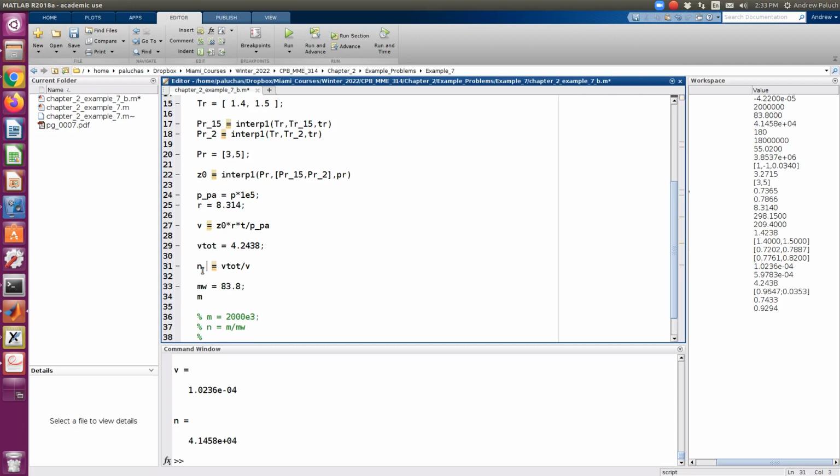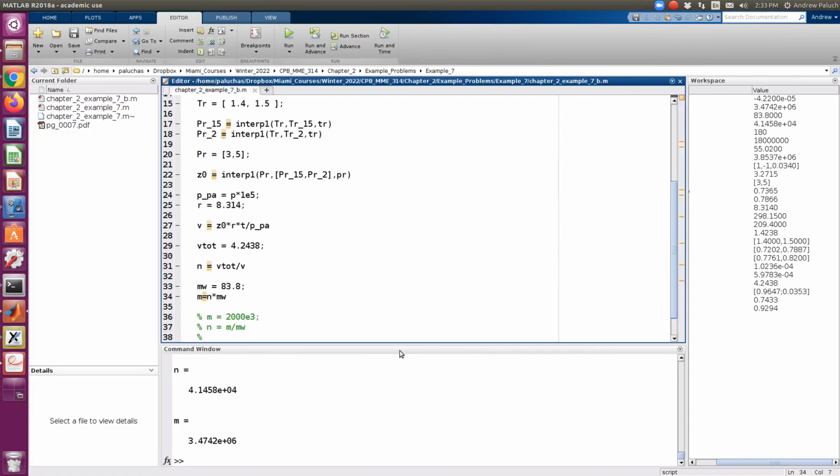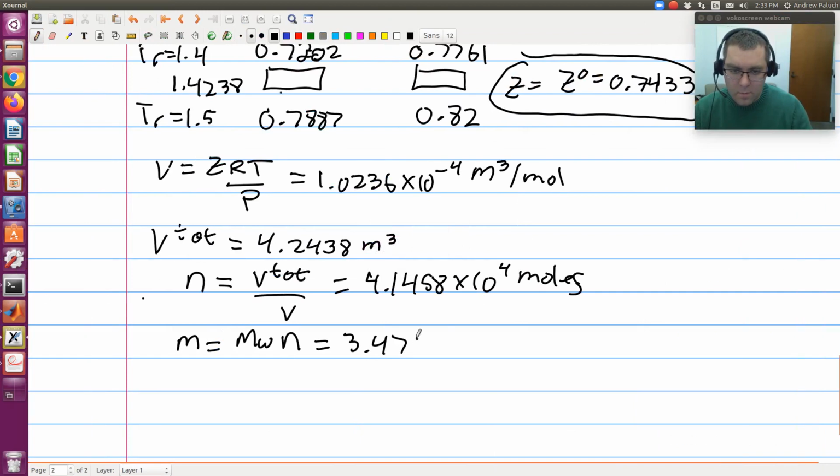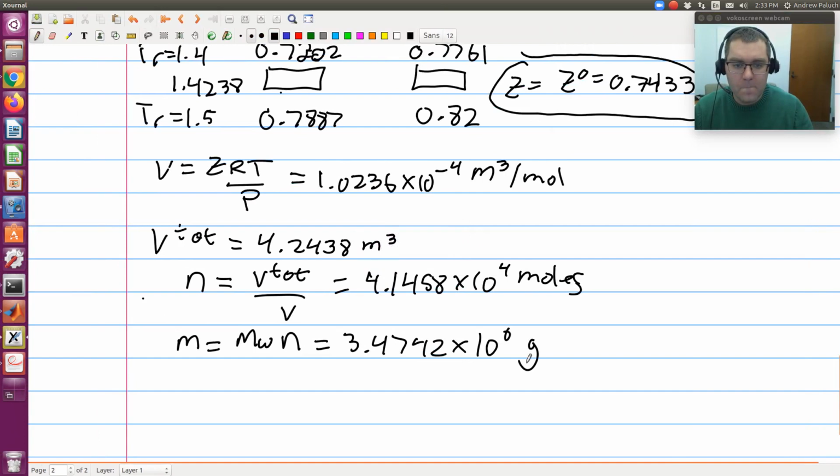My mass is going to be N times my molar weight, so 3.4742 times 10 to the 6 grams.